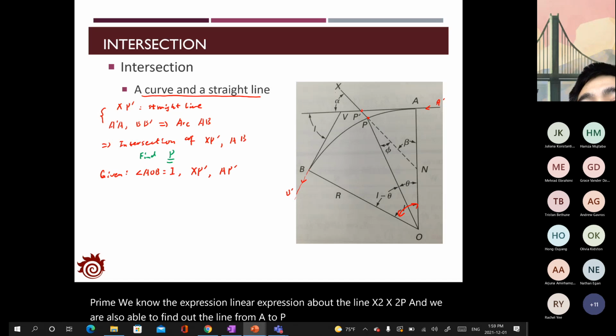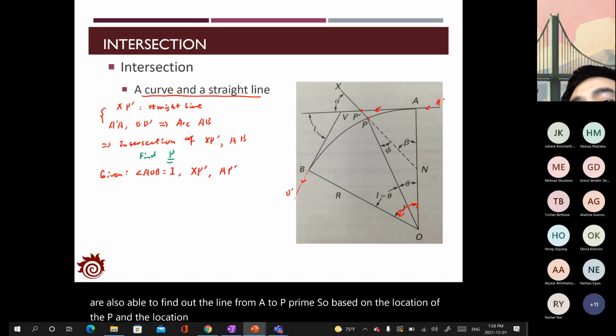So based on the location of P prime and the location of A, we can find the straight line A to P prime.